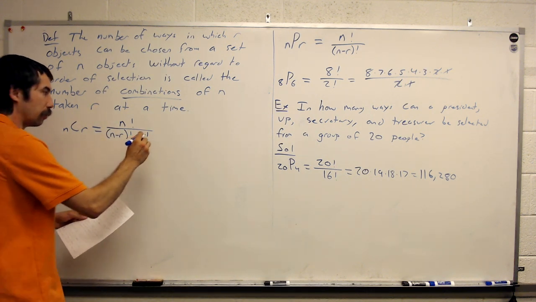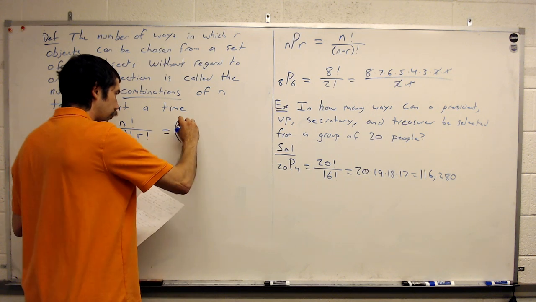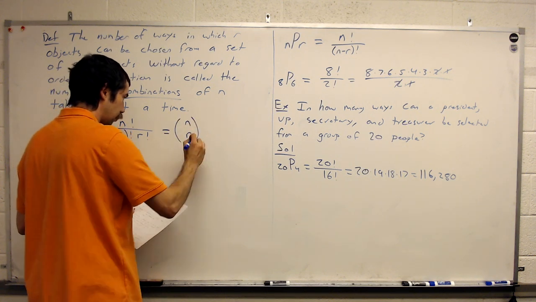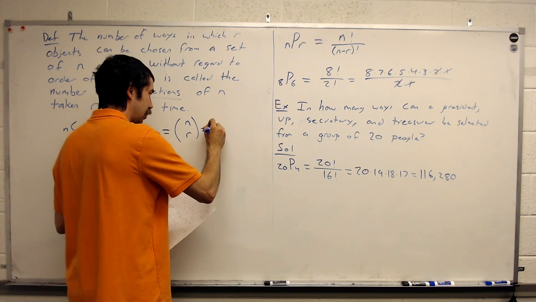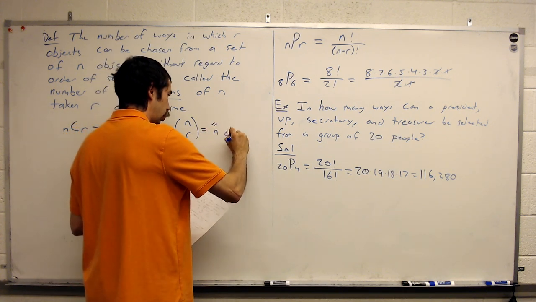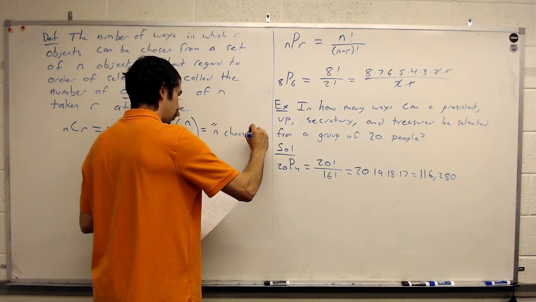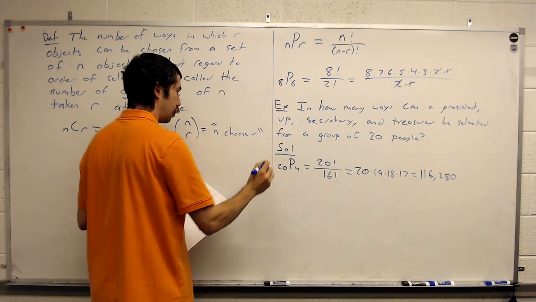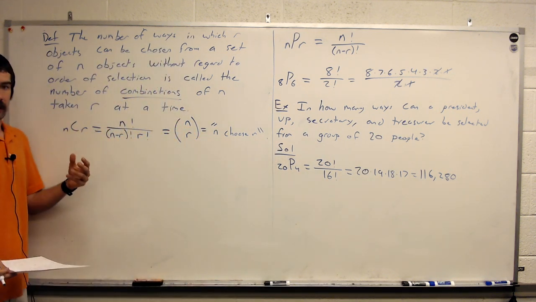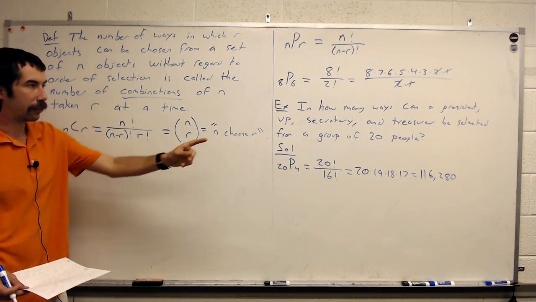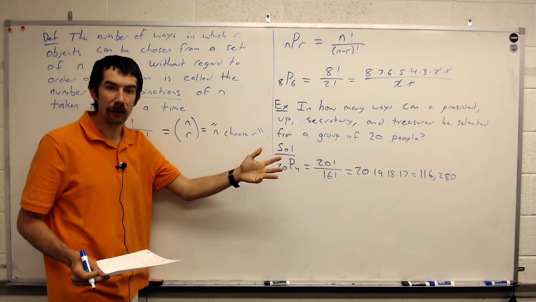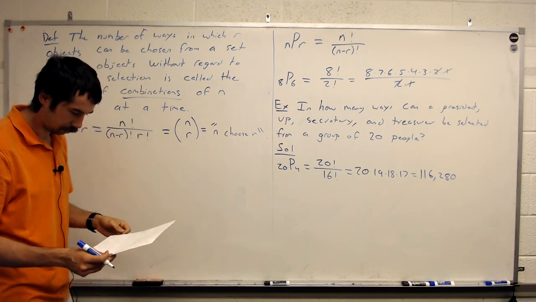You might also see this notation, and the way you would say this is n choose r. So we have n objects, we're choosing r of them. We have 20 people, we're choosing 4 of them to be on the student council.